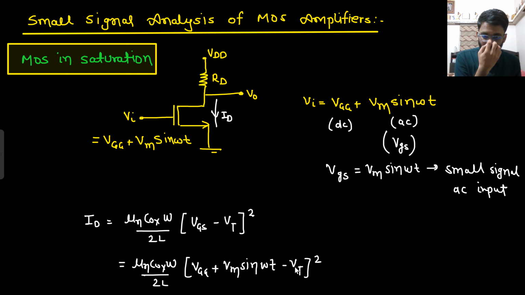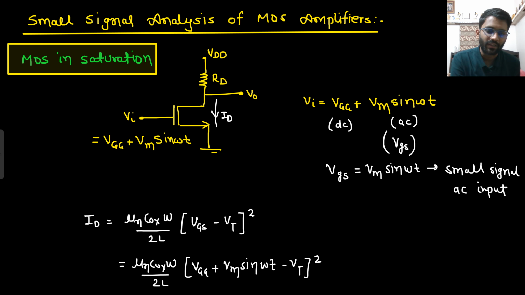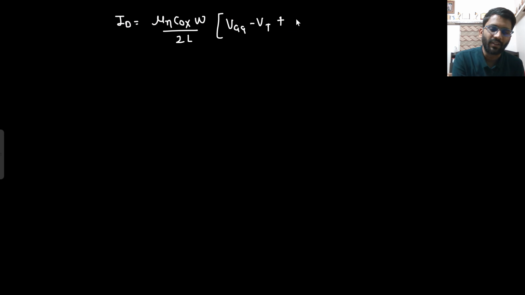ID is mu n COX W by 2L, VGG minus Vt plus Vm sin omega t, whole square. Can I take out this much of expression?